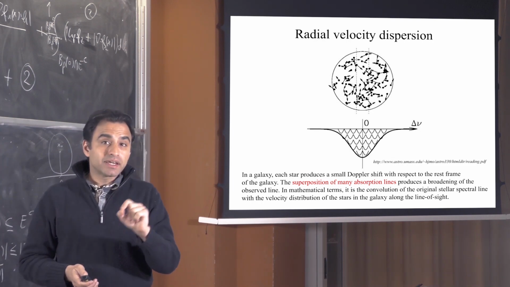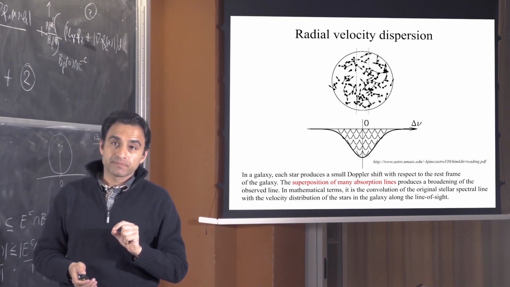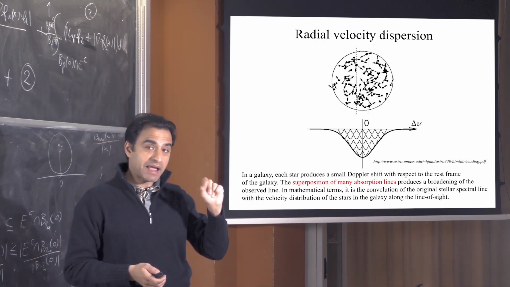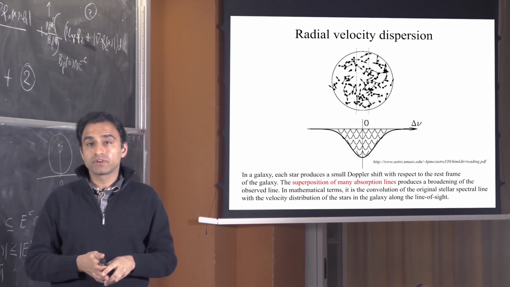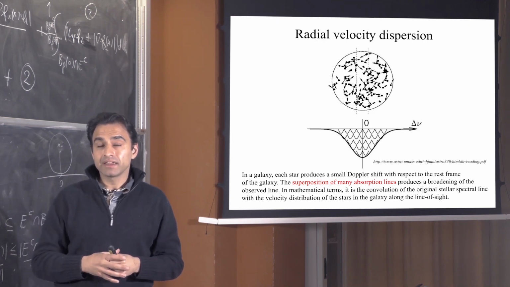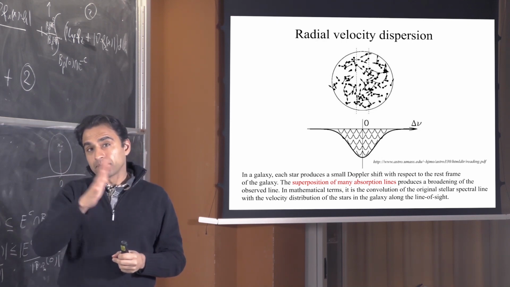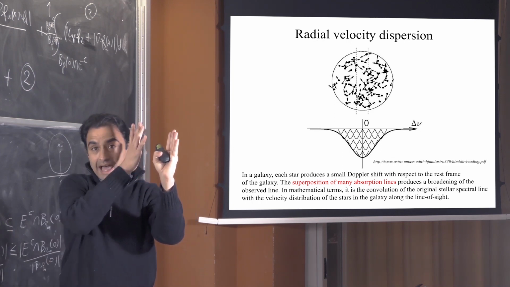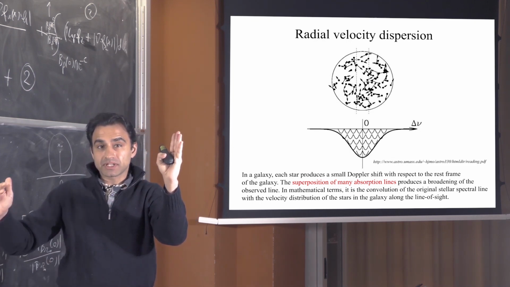The way they do it is through spectral features. I remind you, the spectrum of any source in the sky is a plot of the intensity of the light as a function of frequency.